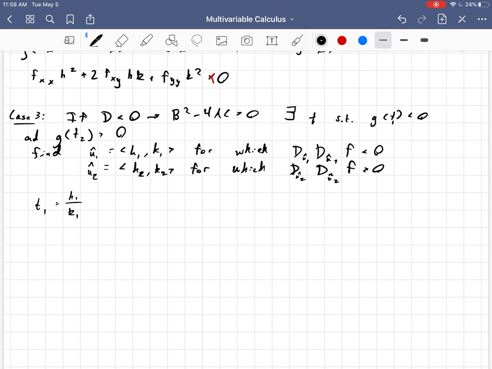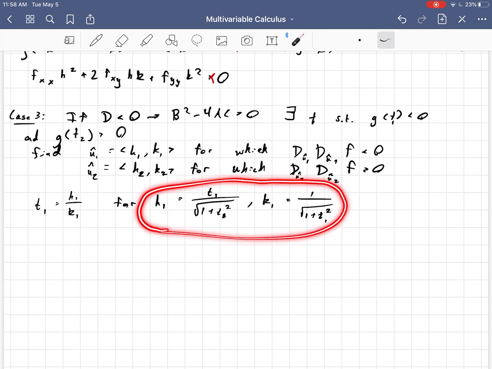Okay, and so assuming that this is a unit vector, then we would have h sub 1 being t sub 1 over the square root of 1 plus t sub 1 squared, and then k sub 1 being, say, 1 over the square root of 1 plus t sub 1 squared.